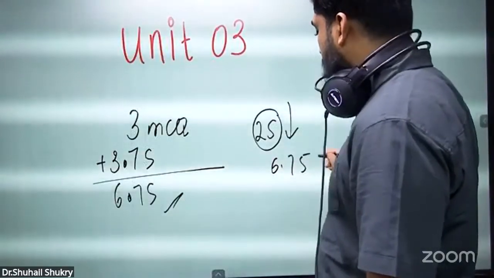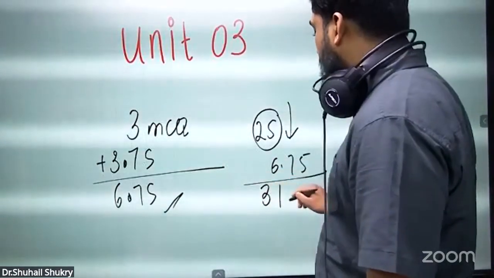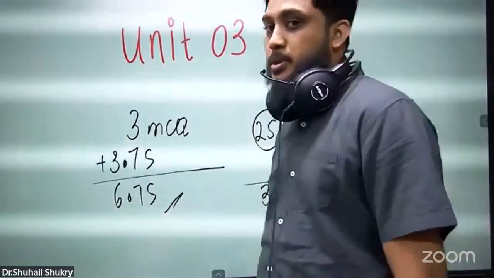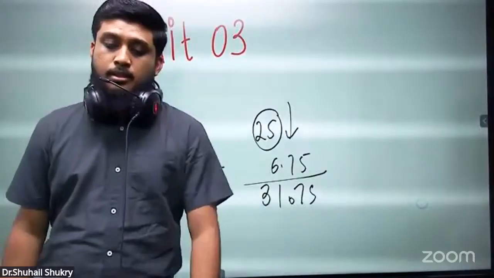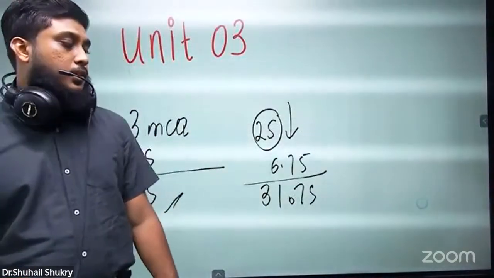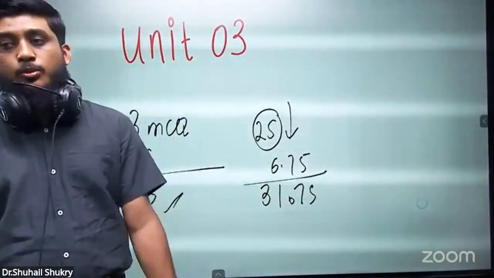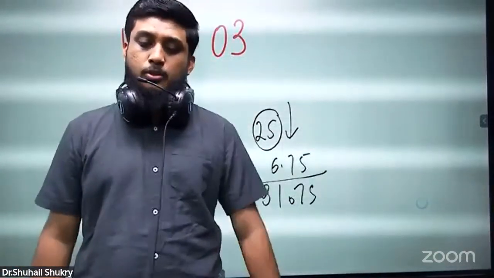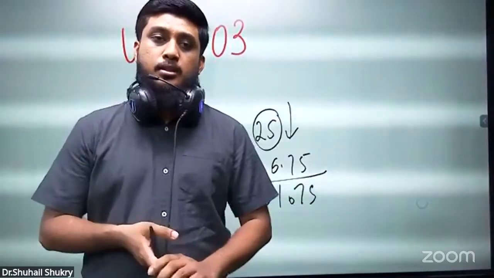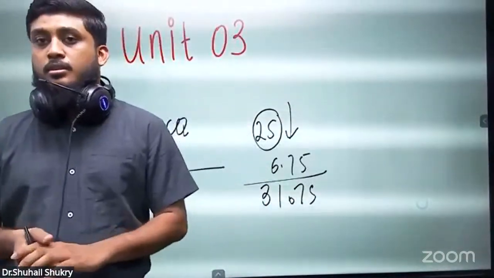If you can't do this, you are going to lose nearly 31.75 marks in the paper. So understand how important it is. 31.75 marks means you can't go for A. You can't even go for B without this. Again, finally, you have to stop your journey in the middle.